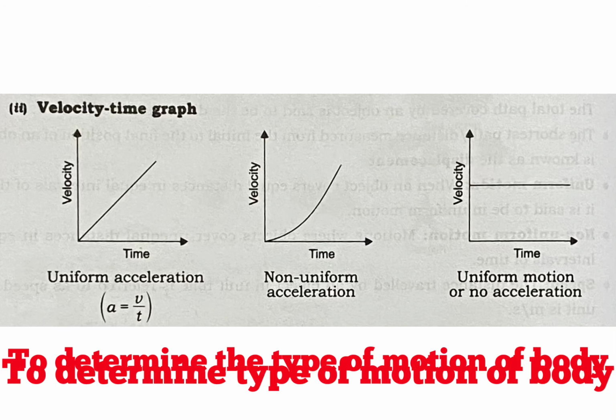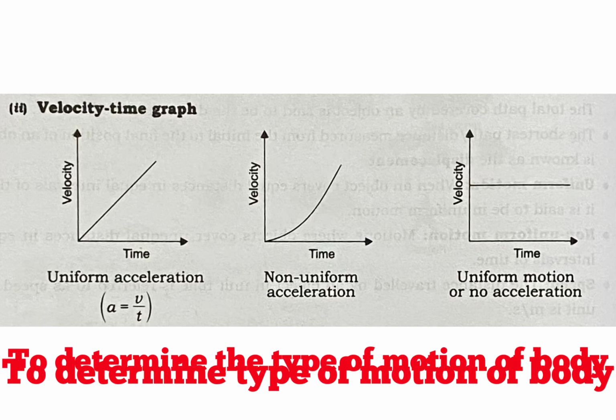Now in the second graph you can see that velocity is not increasing uniformly in equal interval of time. So it is a motion with non-uniform acceleration. And the third graph is a line parallel to time axis. Now if you see a line parallel to time axis, don't say that body is at rest. It was for distance versus time graph.